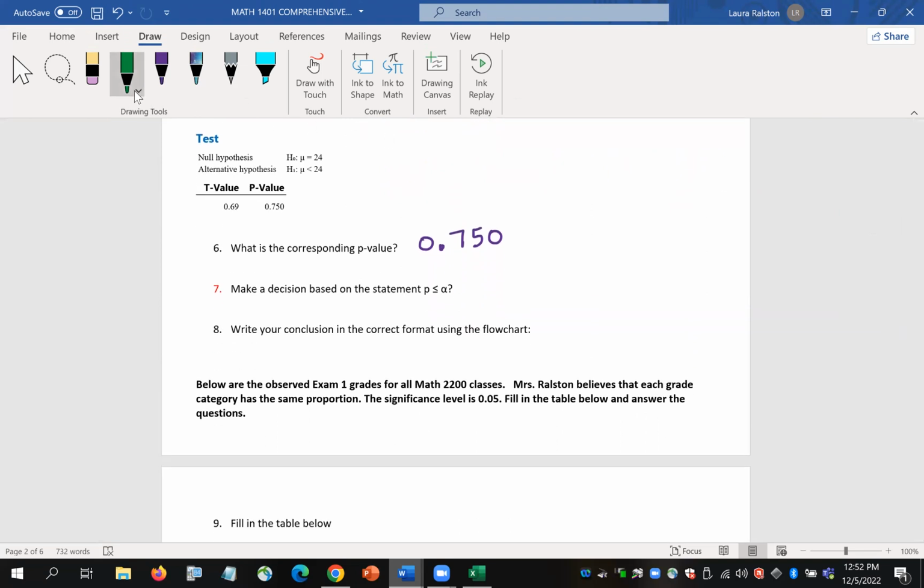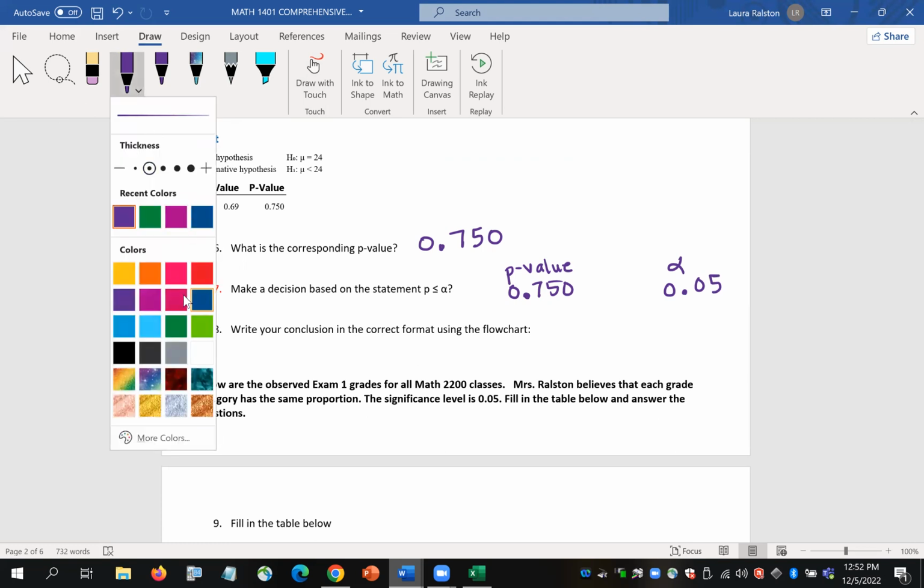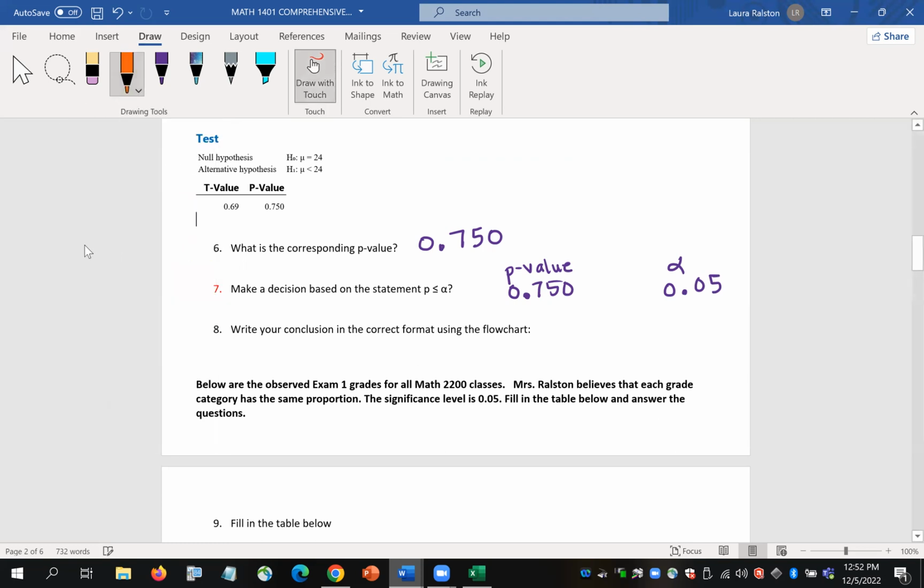So then we're at the stage where we need to make a decision. We have to compare the p-value to alpha. My p-value from Minitab is 0.750. My level of significance from the problem is 0.05. You compare that digit for digit. The first digit after the decimal for the p-value is a 7.